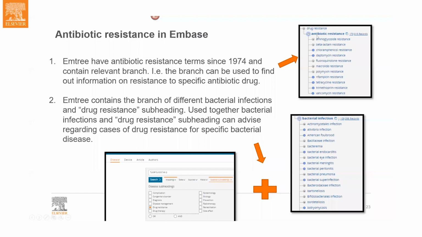It's a specific one, so you can type in Emtree antibiotic resistance and see different types of resistance, for example, rifampicin resistance, tetracycline resistance, beta-lactam resistance. It's one approach. The second approach, you can find different bacterial infections and use drug resistance subheadings.